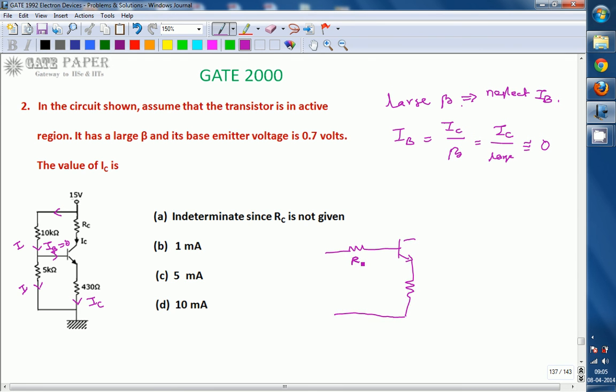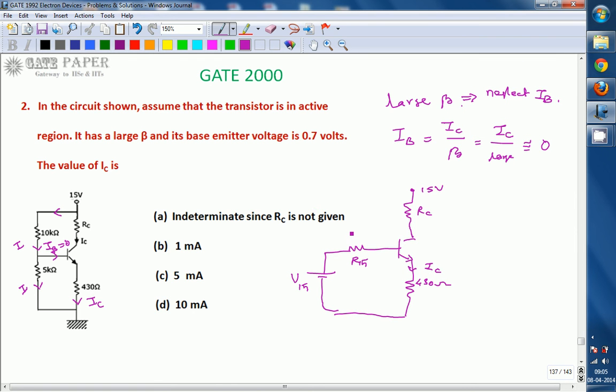This is RTH, along with VTH, and this is connected with a resistor RC along with VCC of 15 volts, and this is 430 ohms. The current flowing through this 430 ohms is also IC.